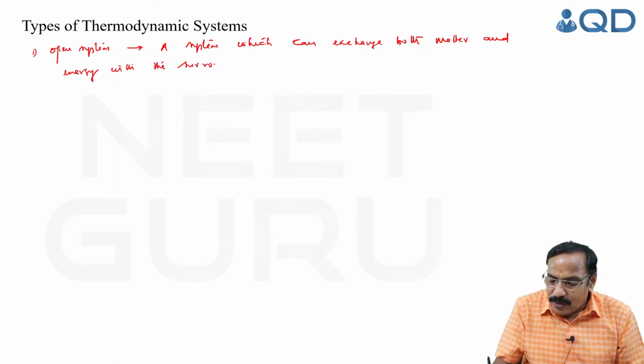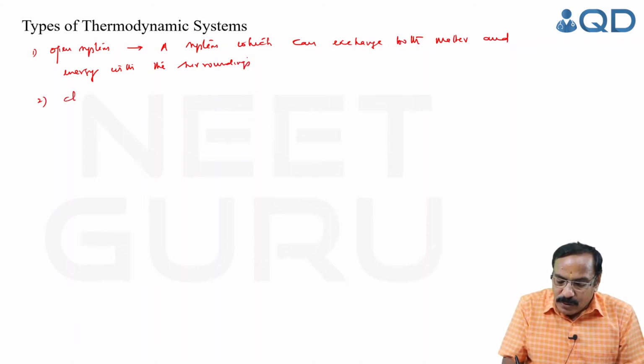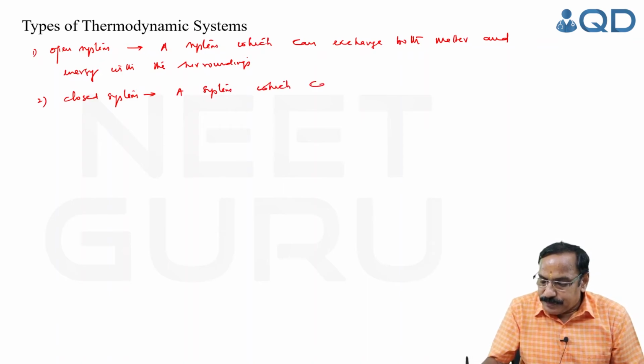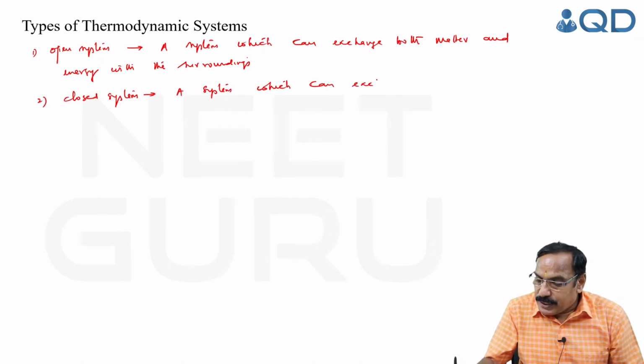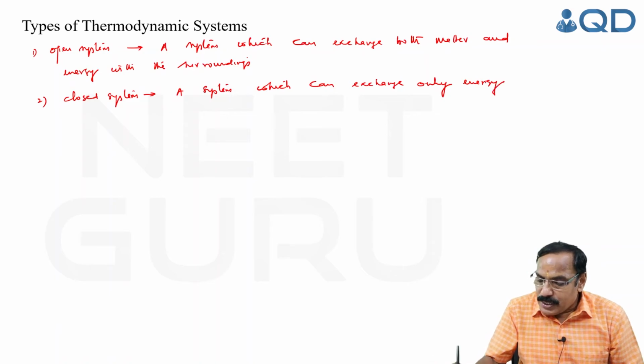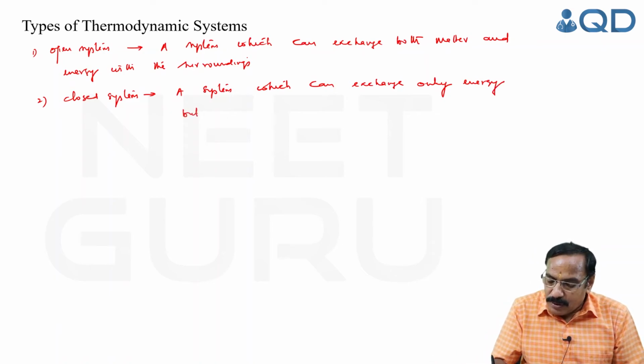Second one is the closed system, a system which can exchange only energy but not matter.